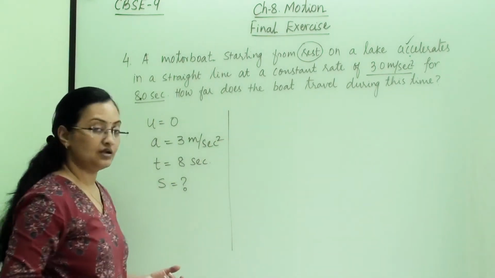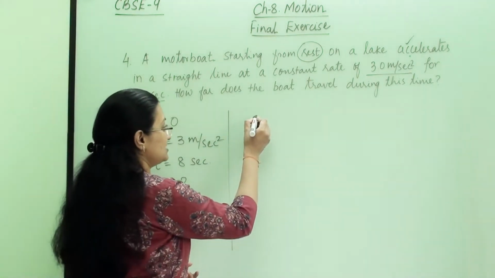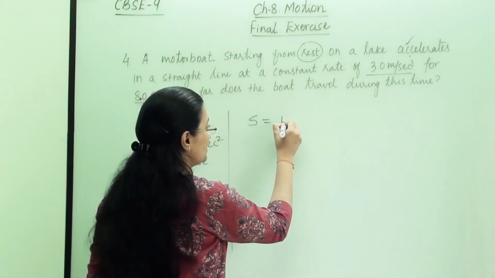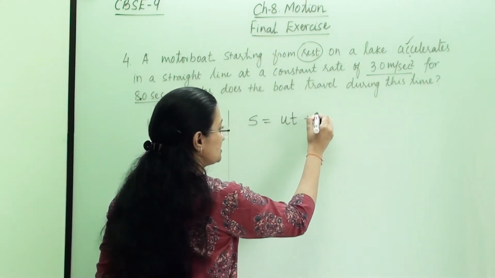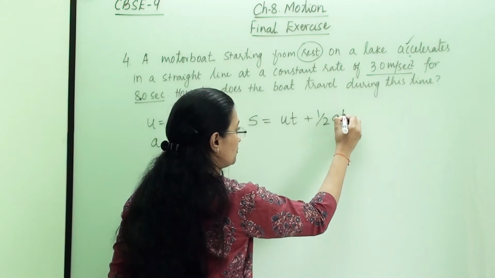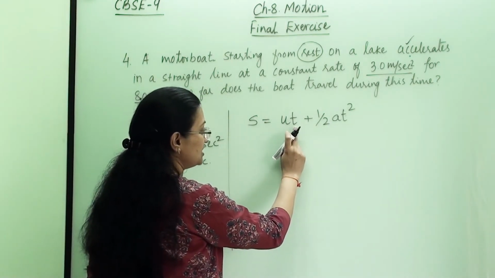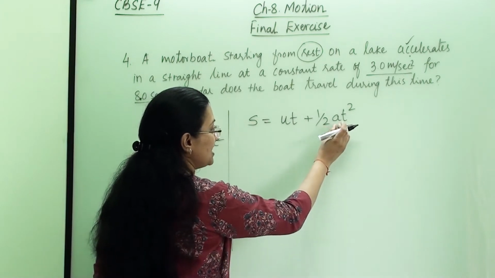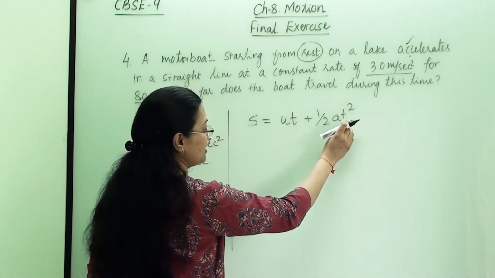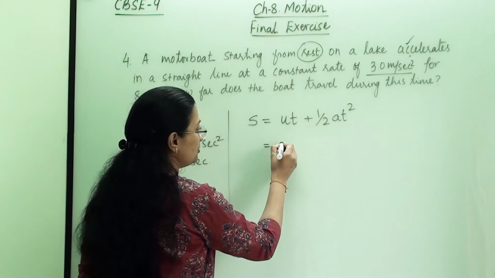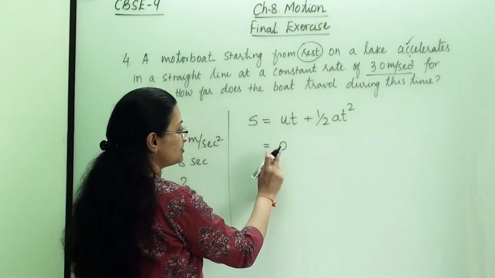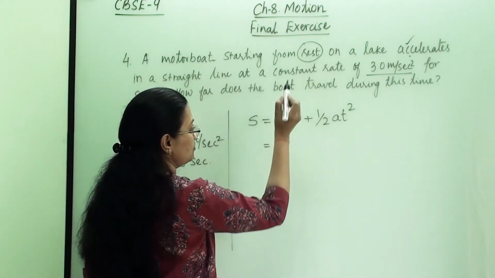So we know the equation for distance, that S equals ut plus 1/2 at square. U is initial velocity, t is time, a is acceleration, and t square, again t is time. So u, we know that it is 0, because it was at resting position.